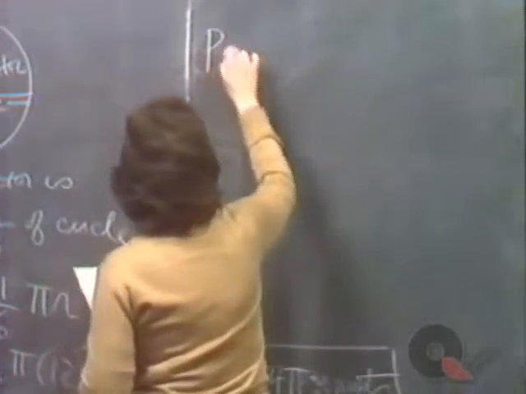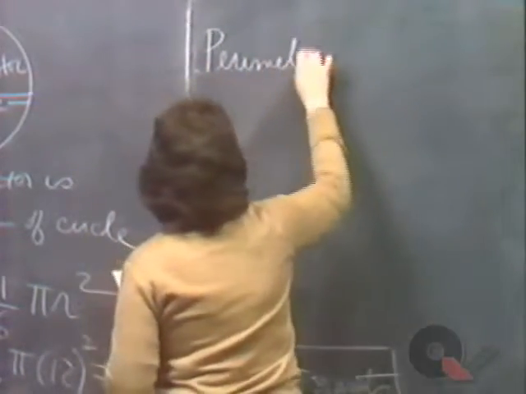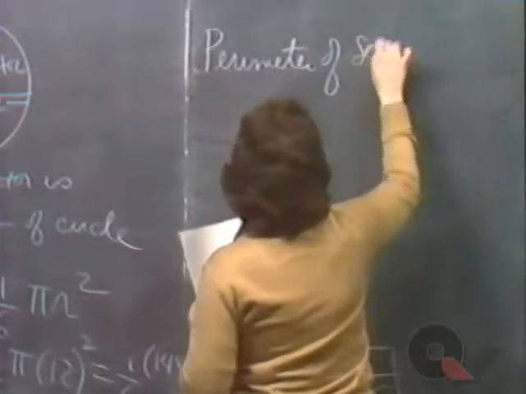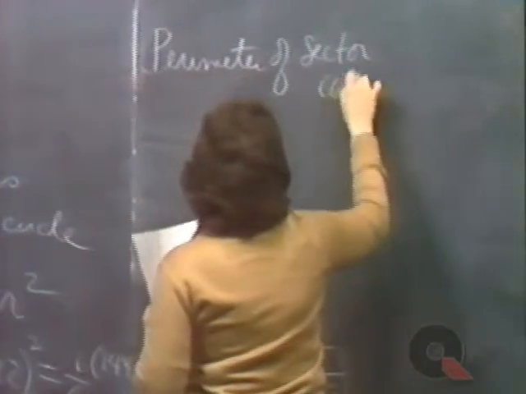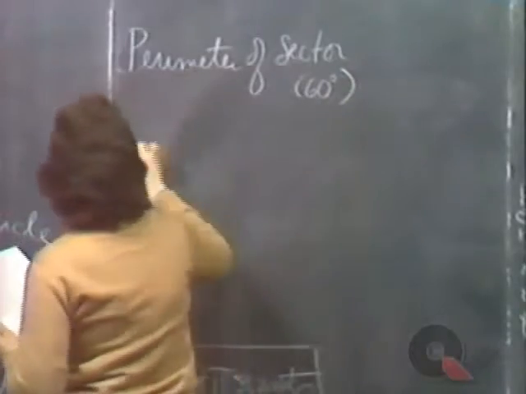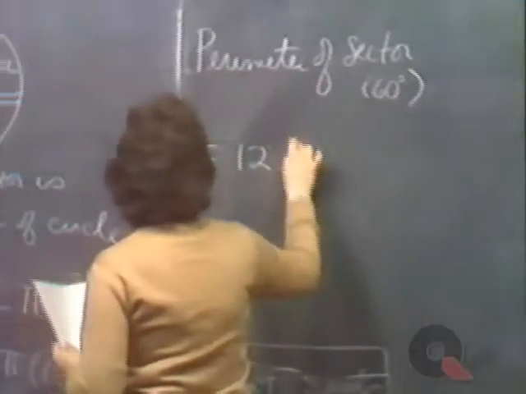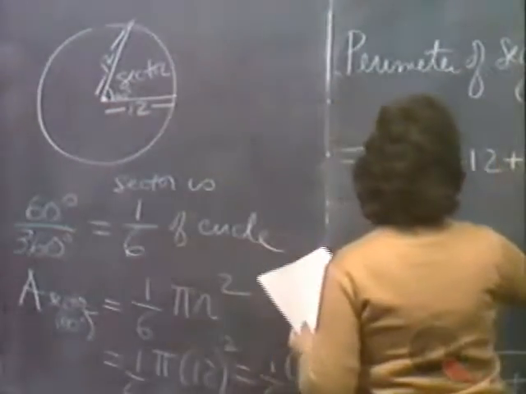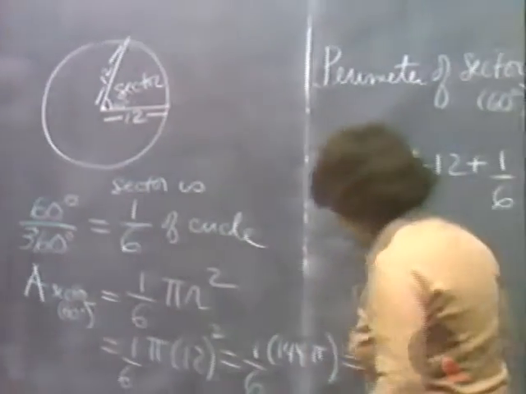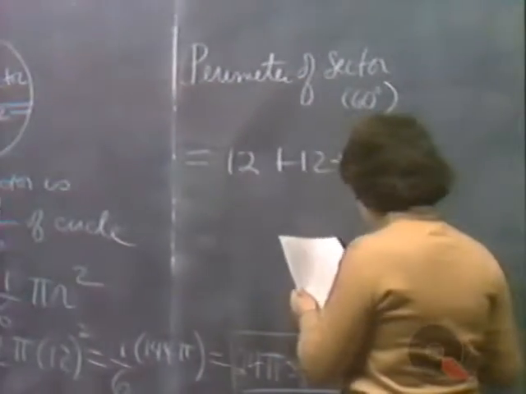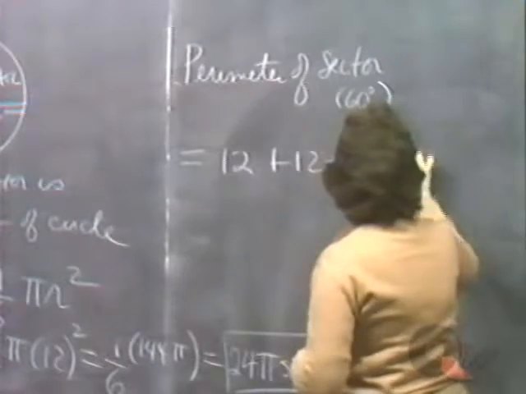The perimeter here of the sector, once again, with a 60-degree angle, is going to be the radius plus the radius plus 1/6 the circumference of the circle, 1/6 times 2 pi r.